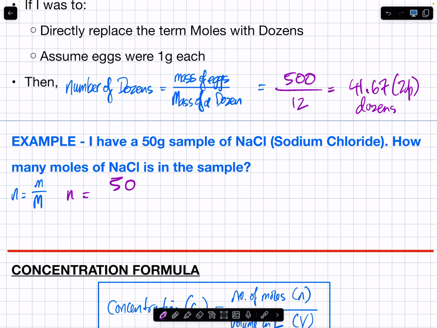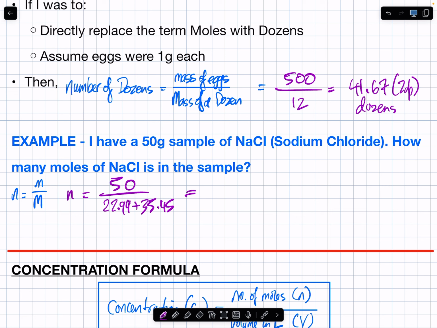50 divided by. You need to help me out. I don't remember off the top of my head how heavy sodium chloride is. But how heavy is 1 mole of sodium? 22.99. But that's not all that's in sodium chloride, because chlorine's in there too. What is chlorine? 35.45.